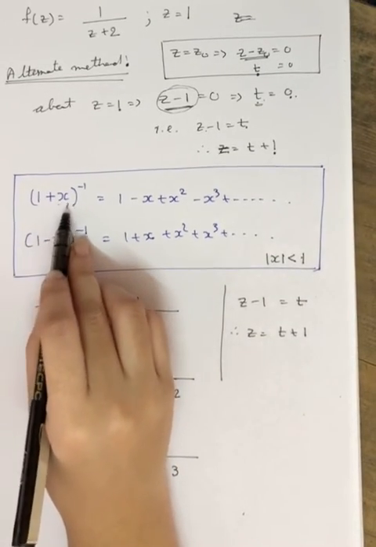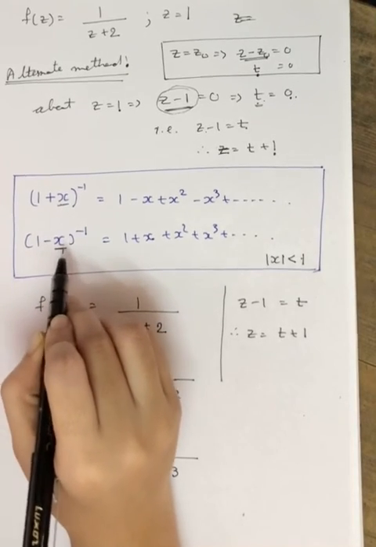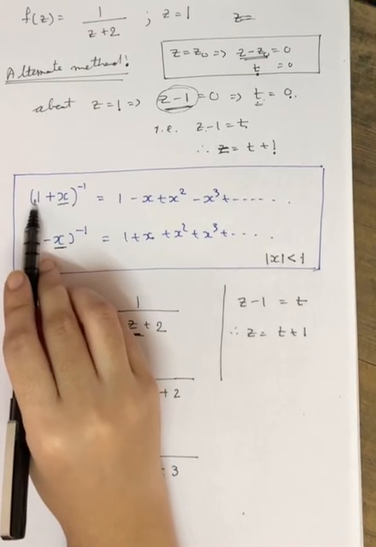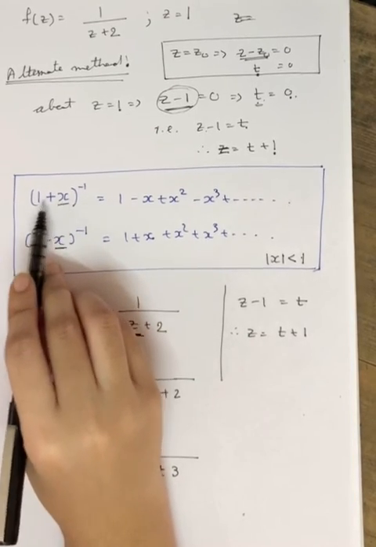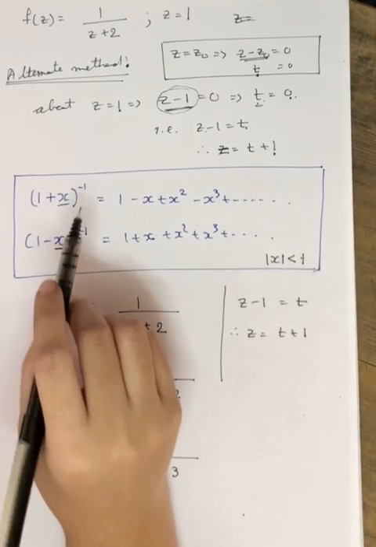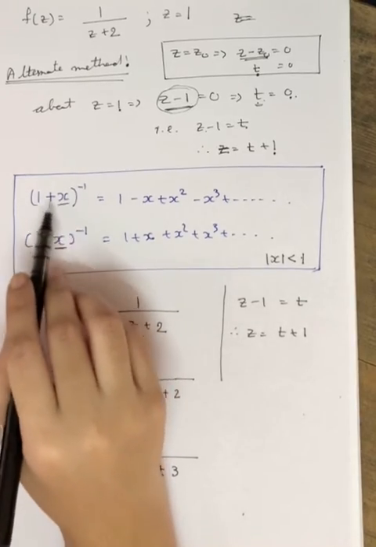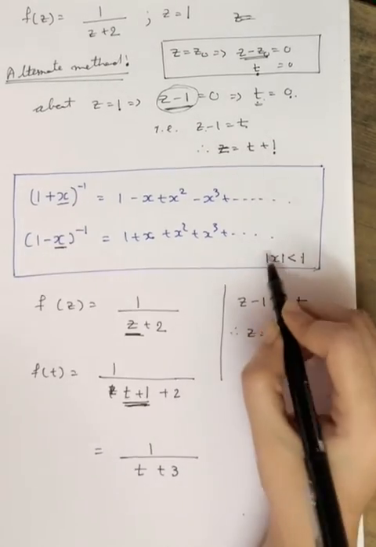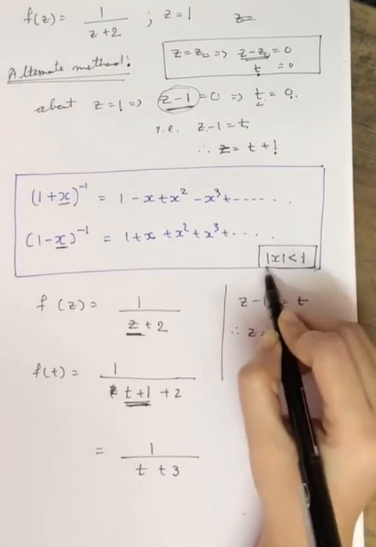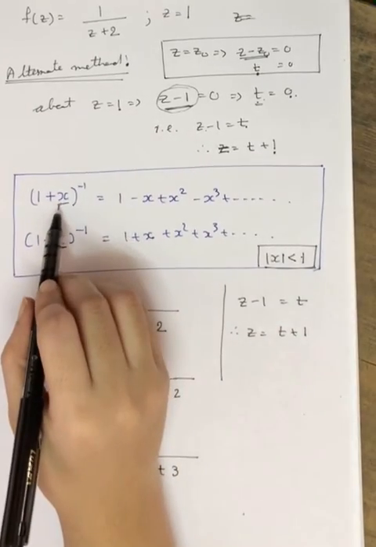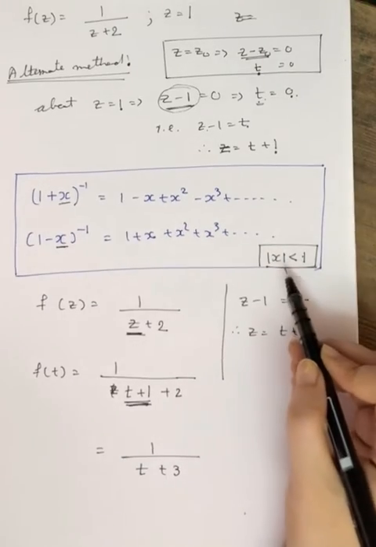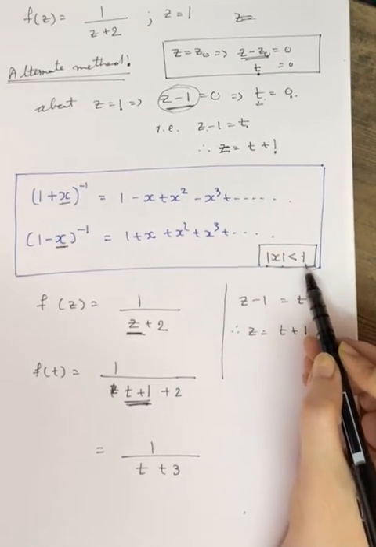This x term cannot be greater than 1, it cannot be bigger than 1. In that case you cannot apply this formula. So this is a very important condition. You should remember that this is valid only for the case when mod x is smaller than 1.